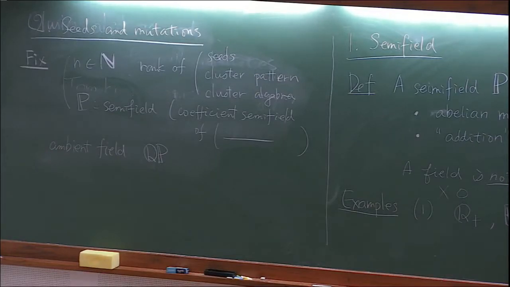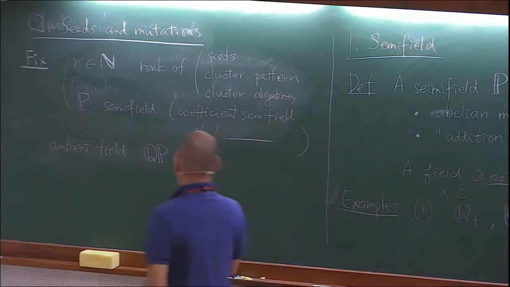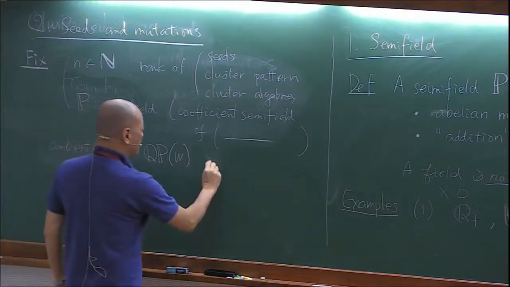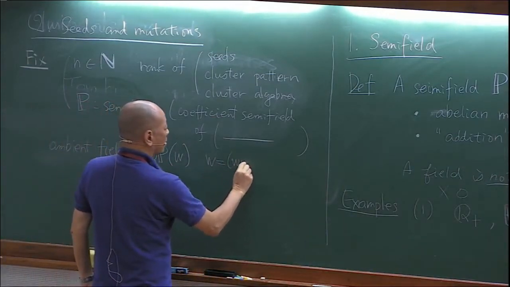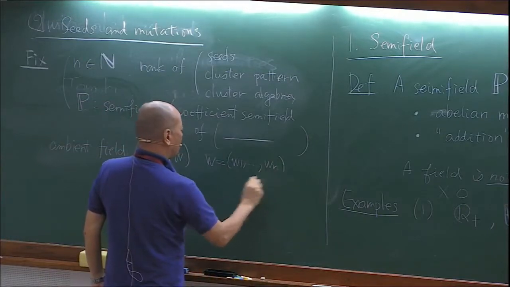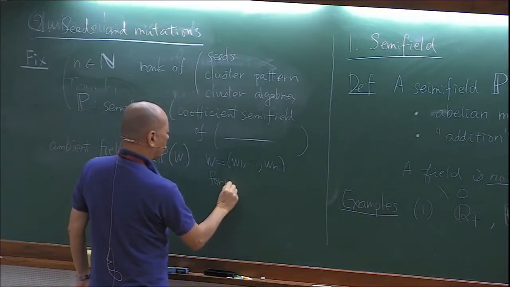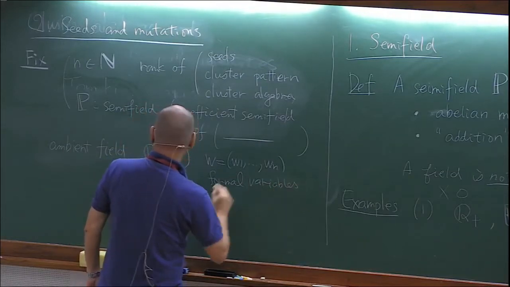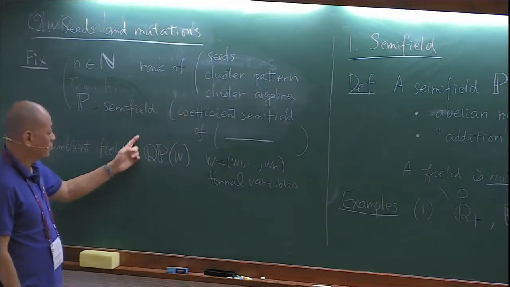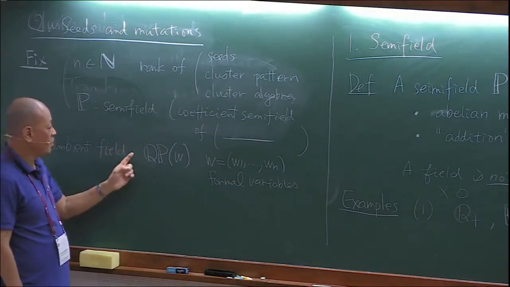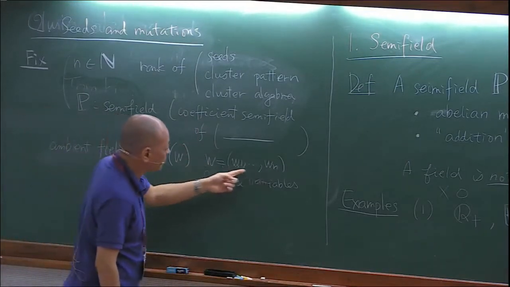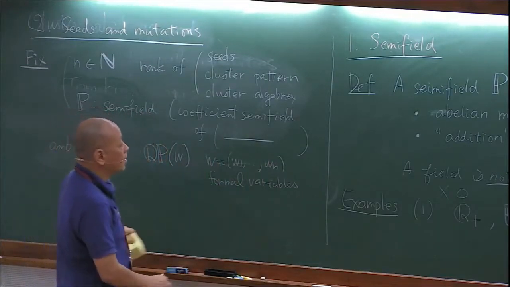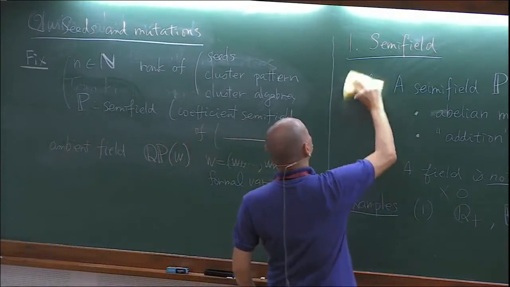And this is just a field, so you can use it as coefficients, and you can define a field of rational functions in W, where W, once again, is some formal variable. And I'm going to define a cluster variable as a member of this field. But you don't have to care about the choice of these things. It does not actually appear at all in the following talks.